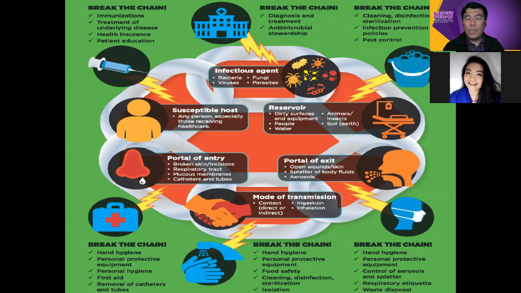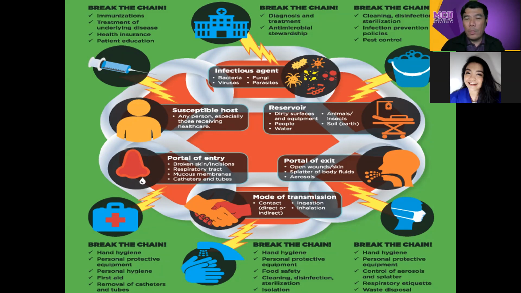Now, when it comes to the portal of exit, since the saliva of the infected animals could be the source of the infectious agent, how will you break from the portal of exit to the mode of transmission? Portal of exit, mode of transmission, and portal of entry could be managed through what we call the universal precaution of hand hygiene.